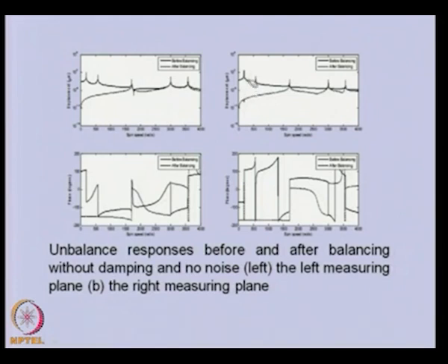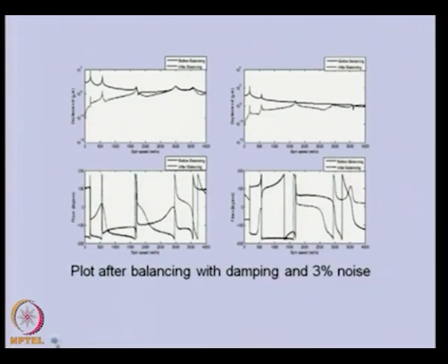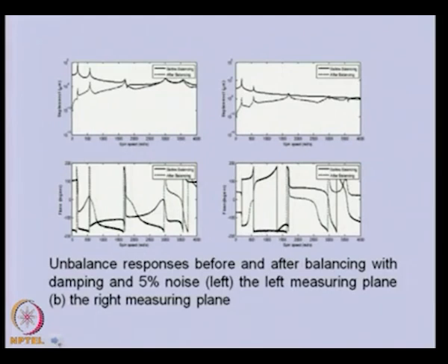So, the first two modes we could balance, but higher modes are not getting balanced because we have used the distributed residual unbalance in the system in the form of a spiral. Similar plots we will see for different cases with noise, without noise. In every case you can see we could balance up to the second mode, but third and higher modes are not getting balanced.